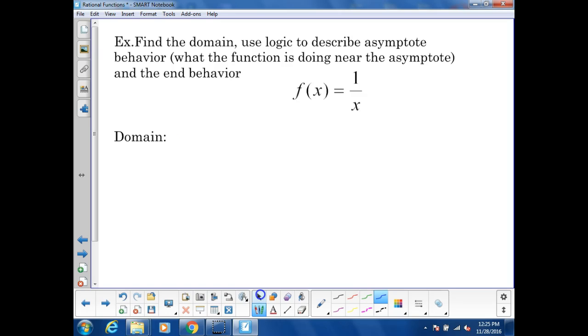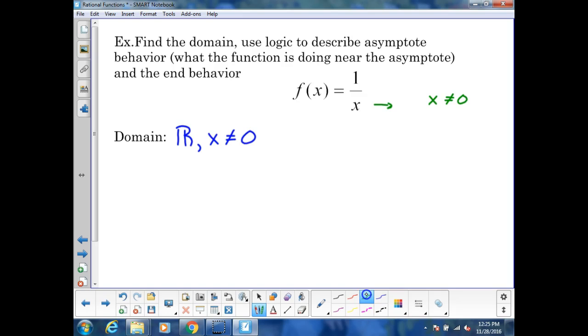All real numbers, except x cannot equal 0. Okay? From my function, I take the denominator and I set it not equal to 0 and then solve it. In this case, it was already done for us because it was just 1 over x. Okay?